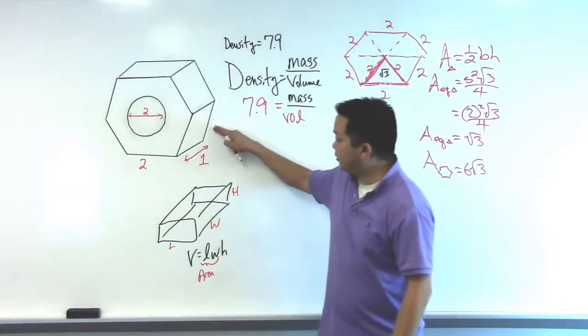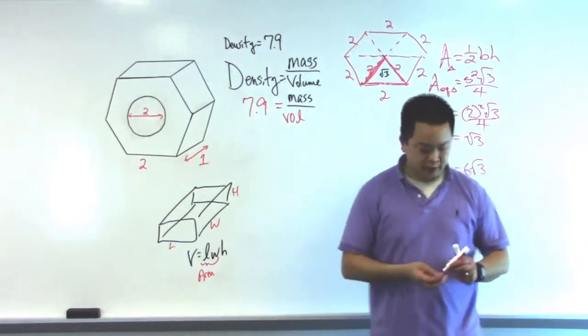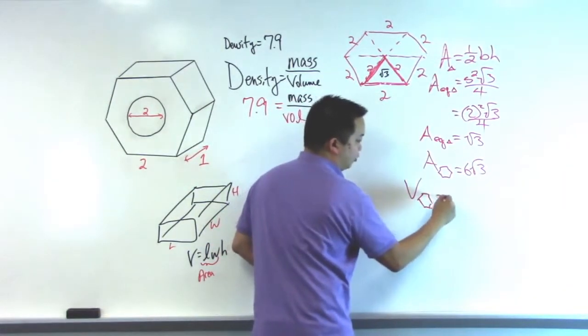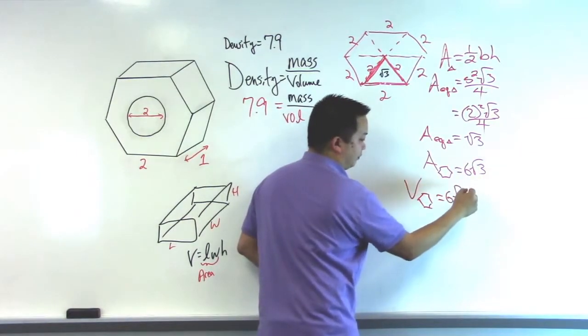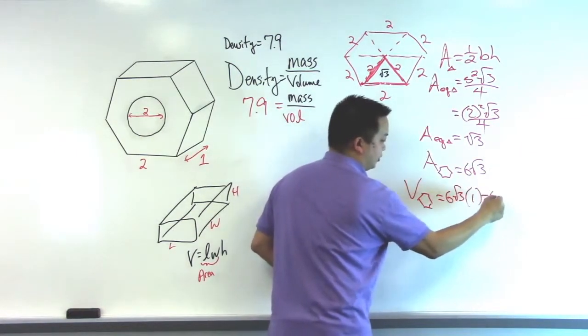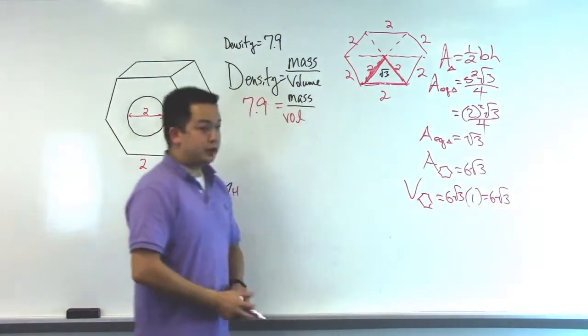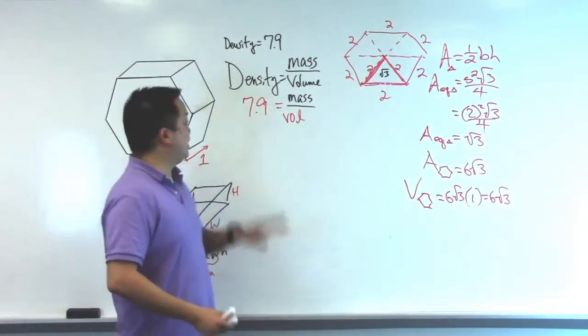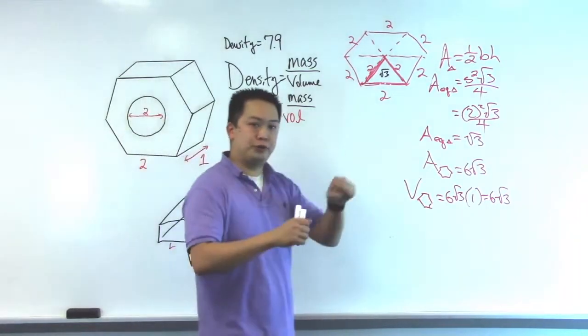The height of this would correspond to 1. So therefore, the volume of the hexagon will be equal to 6 radical 3 times 1, which is equal to 6 root 3. So now we have solved for the volume of this metal hexagonal nut if there were no hole drilled through the middle.